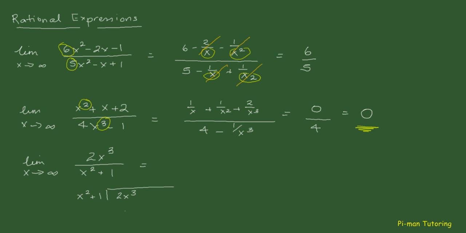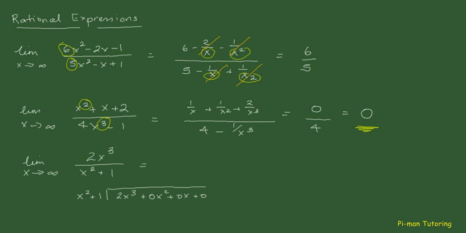So we're trying to divide x squared plus 1 into 2x cubed, and it's a good idea to put all the terms, no x squareds, no x's, and nothing for a constant term. And then we can start dividing in.